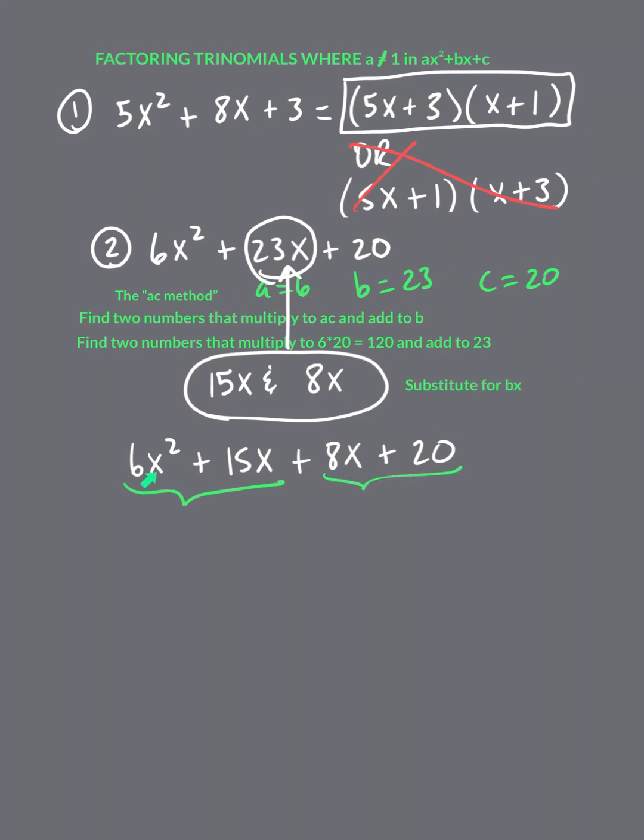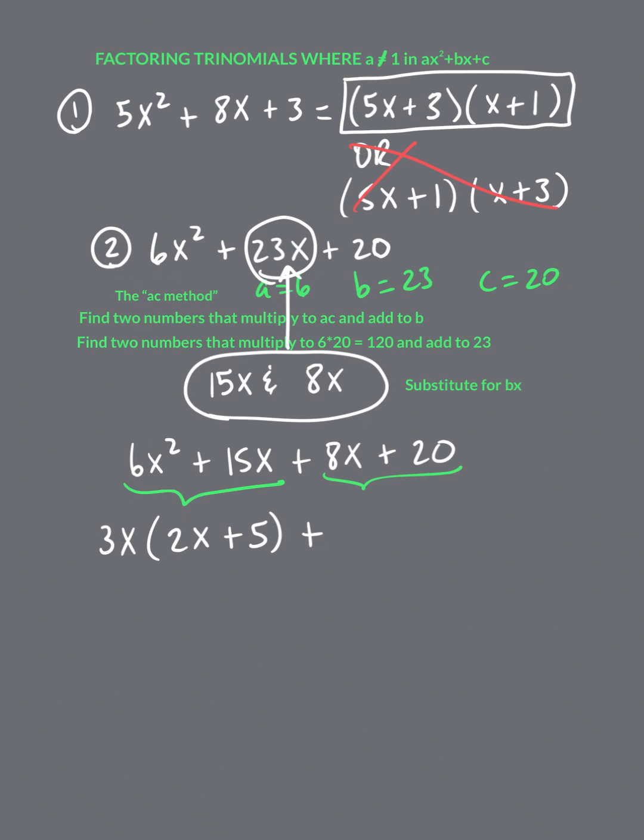The greatest common factor of 6x squared and 15x is 3x. So we'll factor that out, just like we did earlier when we were factoring by grouping. And so what's left is 2x plus 5. And then we group together these two. The greatest common factor is 4.